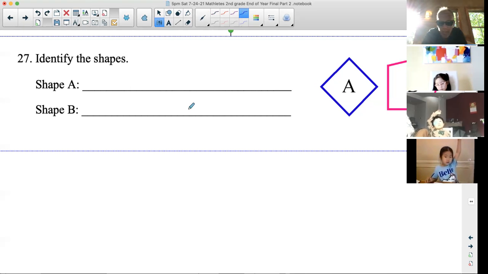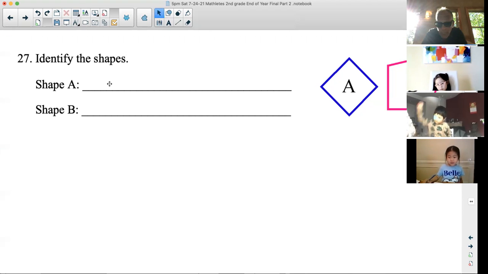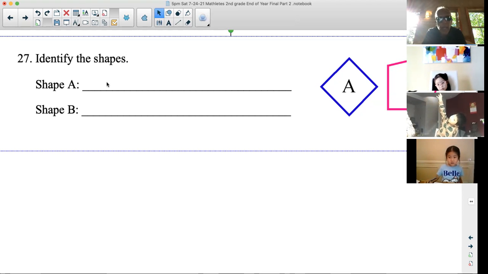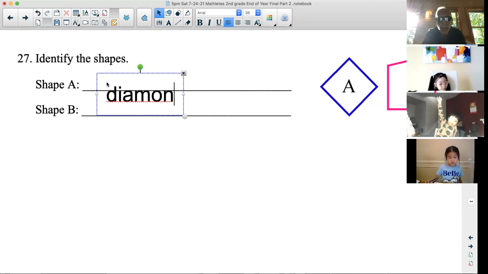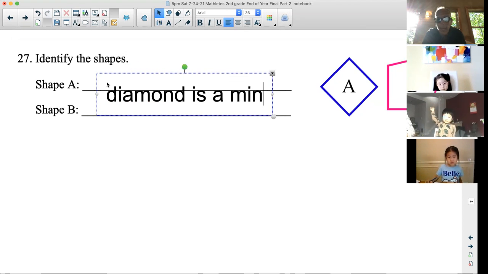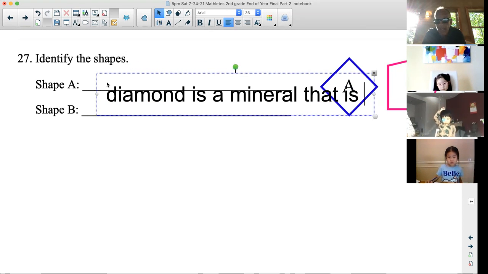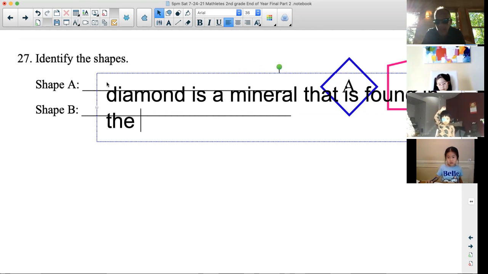Eleanor, what do you think? Diamond. Ah, diamond is a mineral that is found in the earth. Many of your mothers will have diamond rings or diamond earrings.